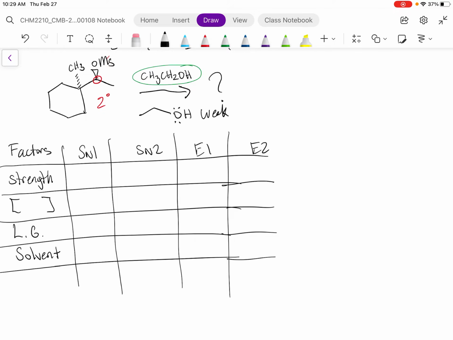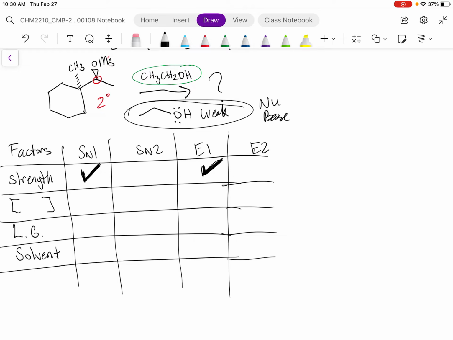And weak attacking species favor SN1 and E1. Now the ethanol right there can act as a nucleophile. And when I say nucleophile, that would be a substitution reaction, so SN1. And then it can also be a base, which is a weak base, so that would have to be E1 for acting as a base.